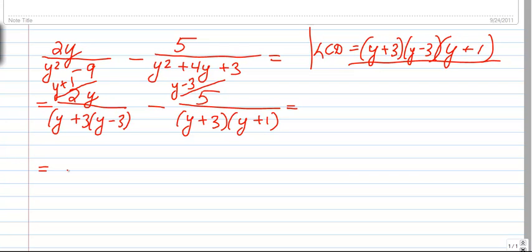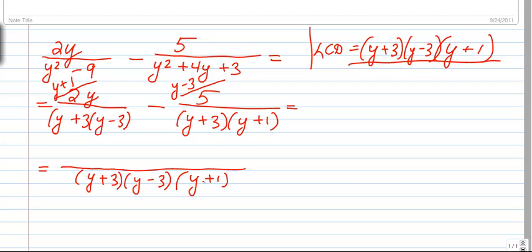Let's do this. So we put again a fraction bar. We write our new denominator, the LCD. And before we distribute, we just rewrite everything, so we don't miss any signs anywhere.